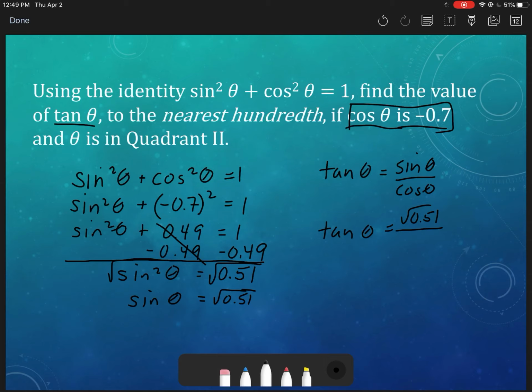Cosine of theta is negative 0.7. Okay, and it says rounded to the nearest hundredth. So when we plug that in to GeoGebra, what you're going to wind up with is negative 1.02. Okay, and that's your answer.